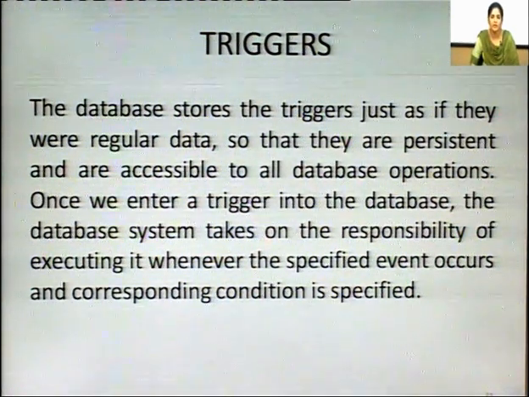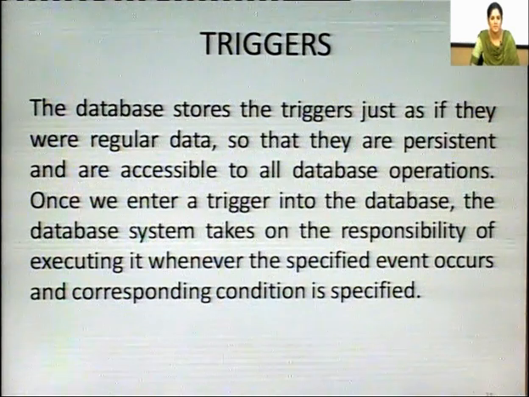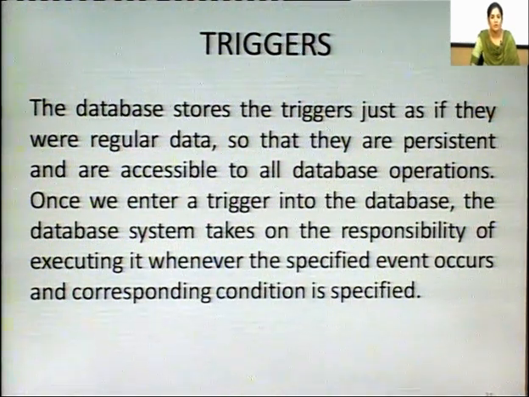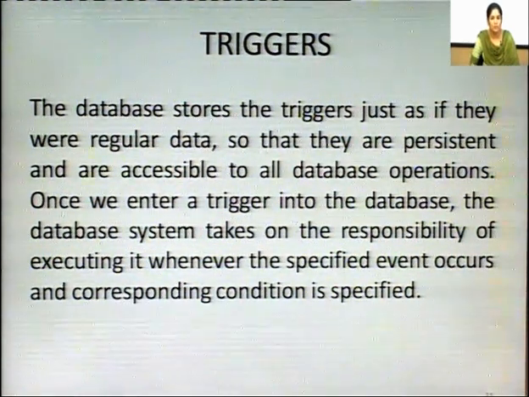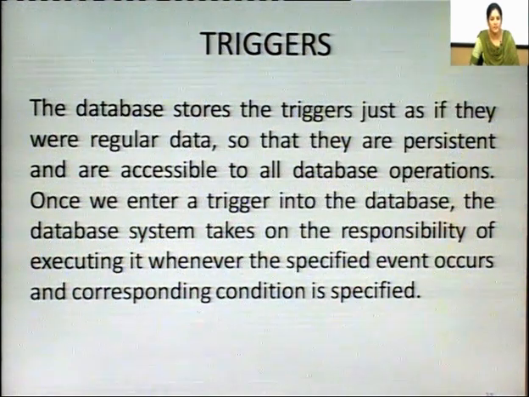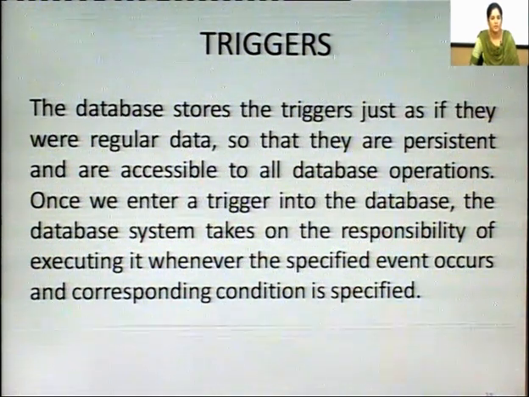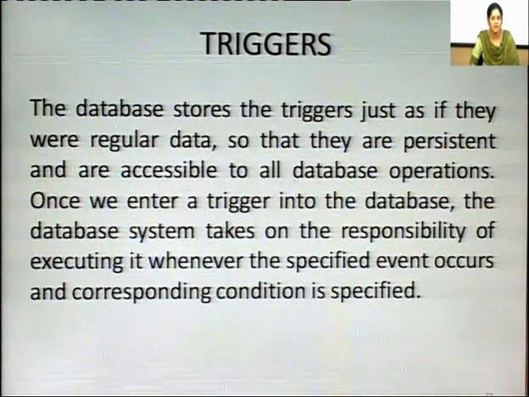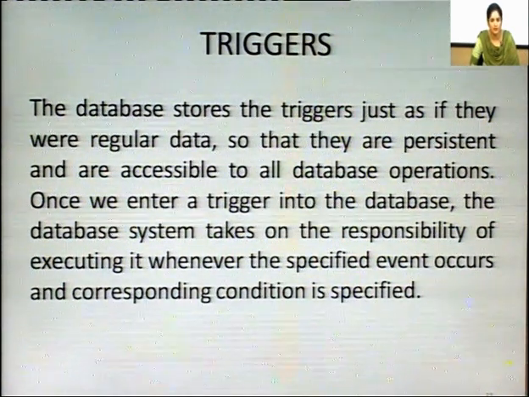And the reason behind it is that they are persistent and are accessible to all database operations. Later on, if the database wants to use these triggers in any other parts of the computer, it may use them because they are persistent and they are a permanent part of your database.